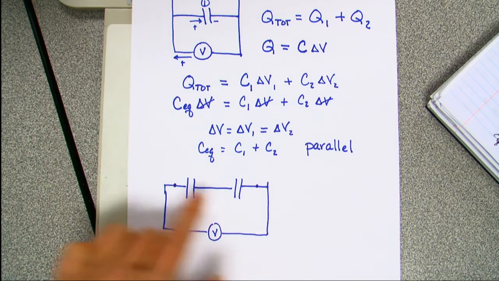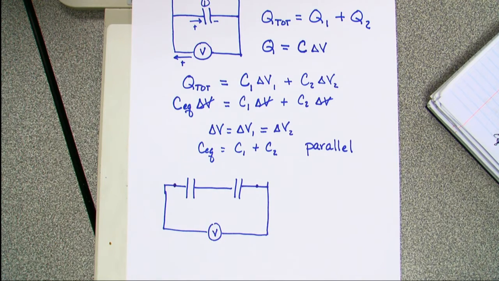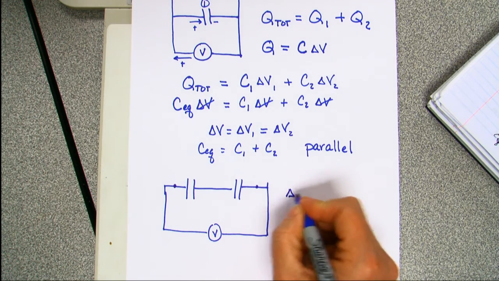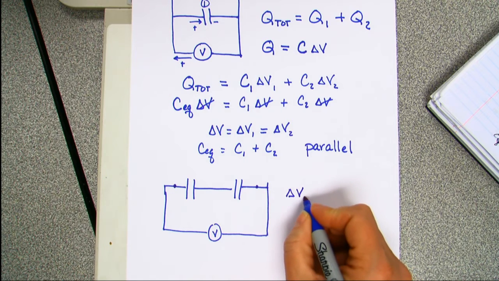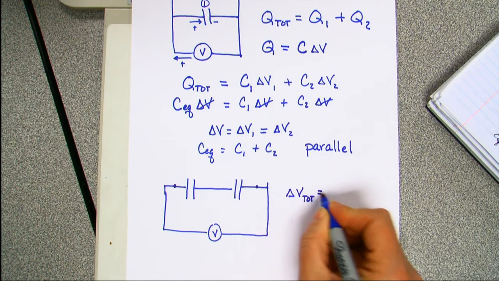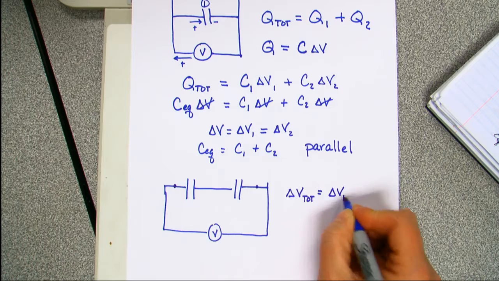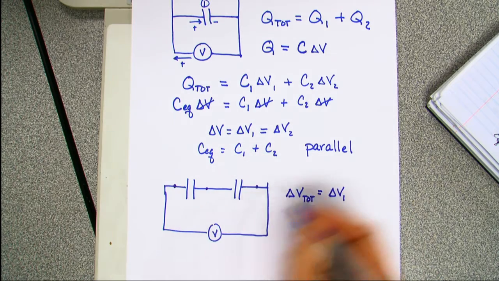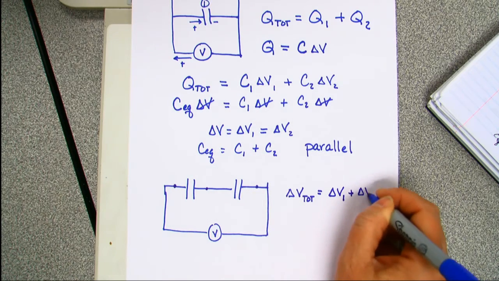But I've got two devices between it. And it turns out that this time my change in potential is equal to the potential across the first one plus the potential across the second one.